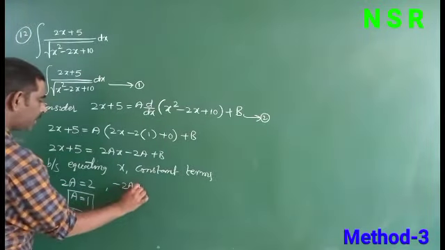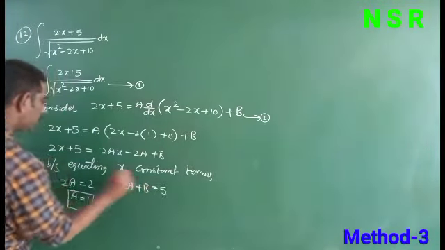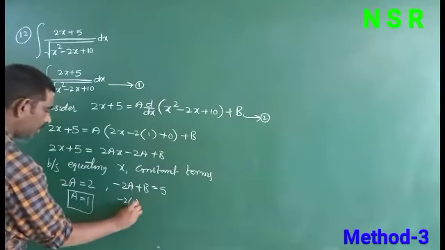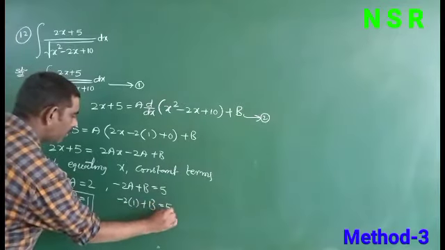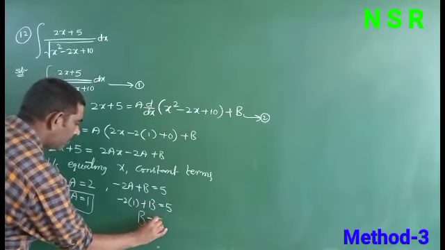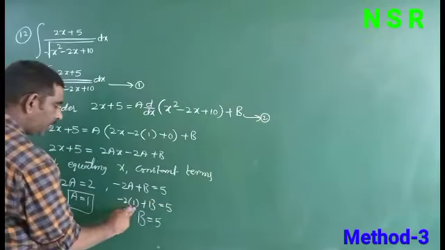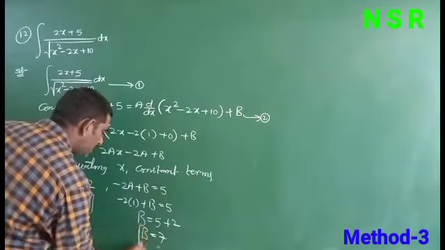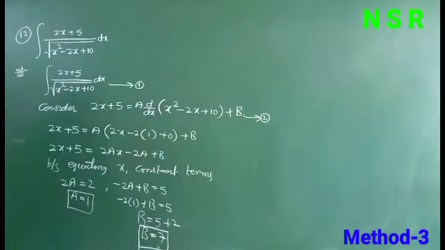Similarly, minus 2A plus B equals the constant value 5. So we have minus 2 into 1 plus B equals 5. Now B equals 5 plus 2, moving the minus 2 to this side makes it plus 2. Now B value is 7.